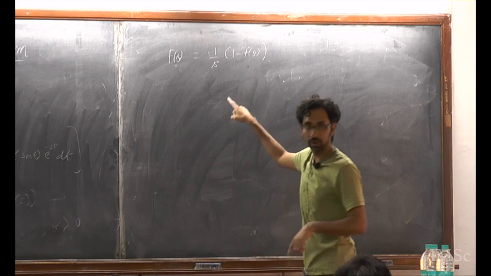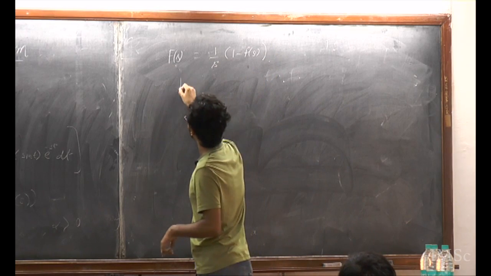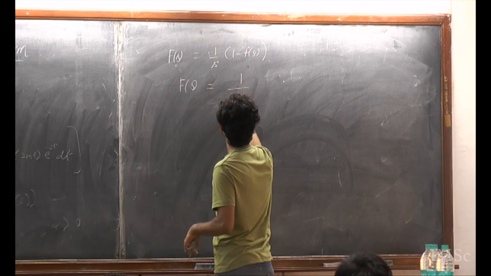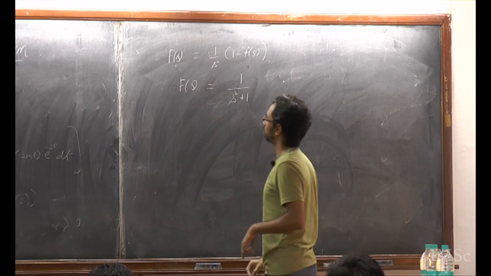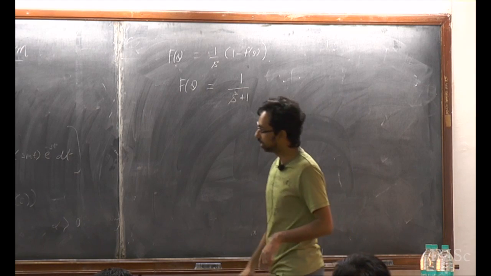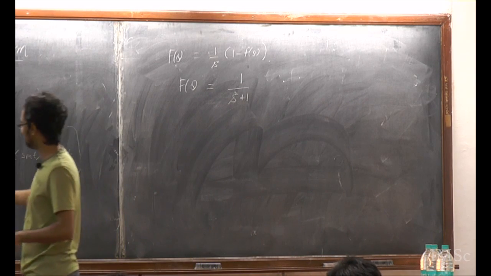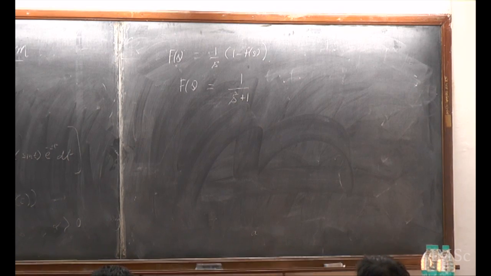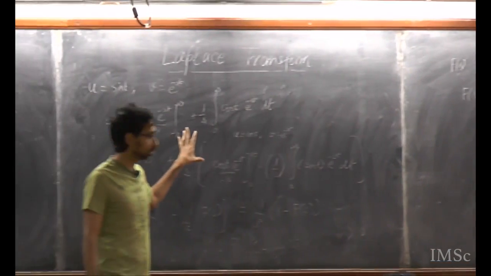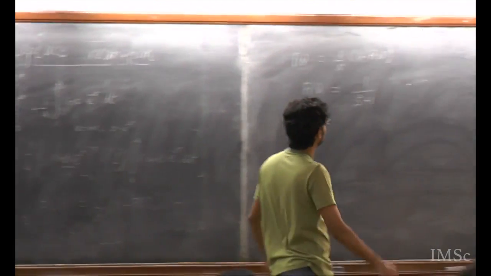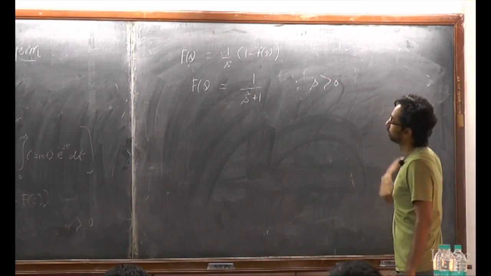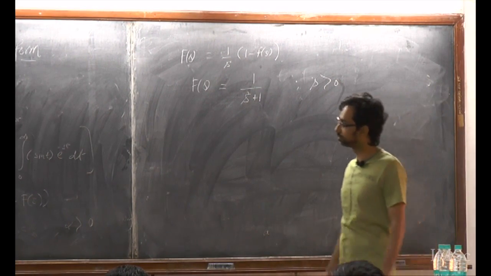So we can solve for F(s). When you solve, you get 1 over s squared plus 1. And again, when we evaluated these limits, we have implicitly assumed that s is greater than 0, right? So this is for s greater than 0. Okay?